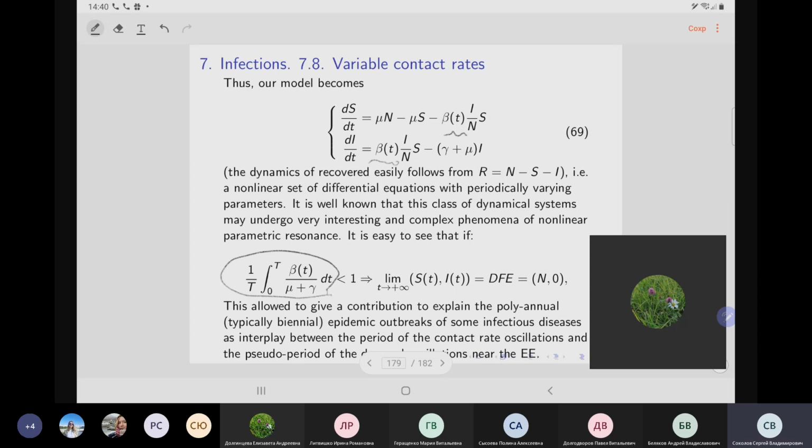And the same, we have the disease-free equilibrium if our R0 is small enough, and we have the endemic equilibrium if R0 is big enough. So we can expect annual or sometimes biennial epidemic outbreaks for our disease.